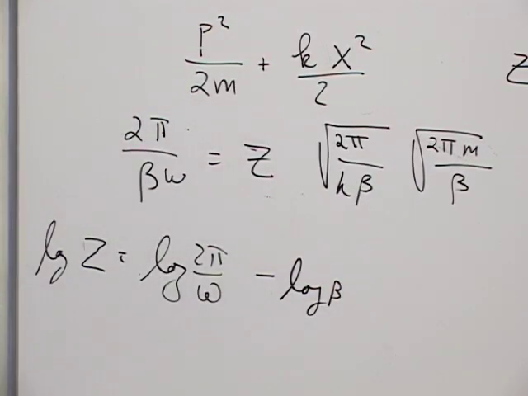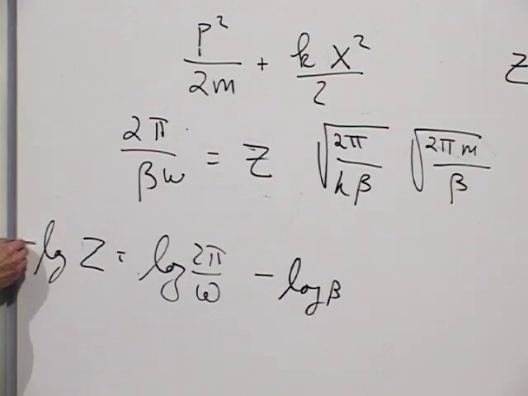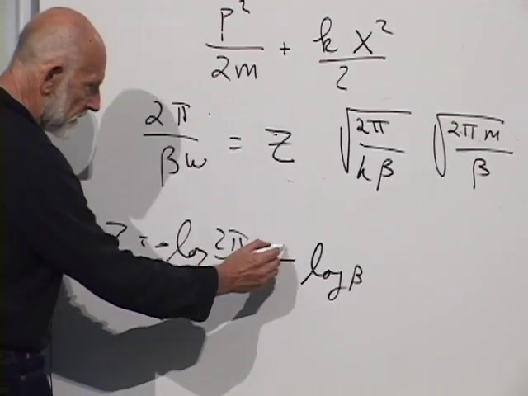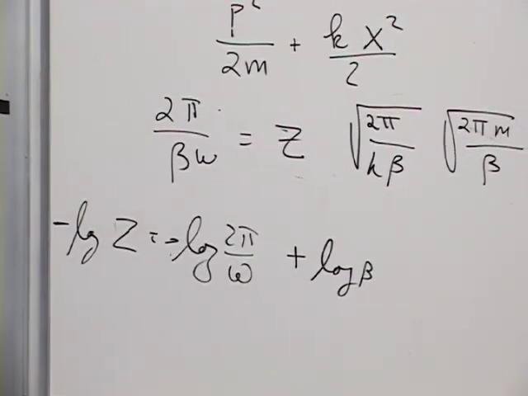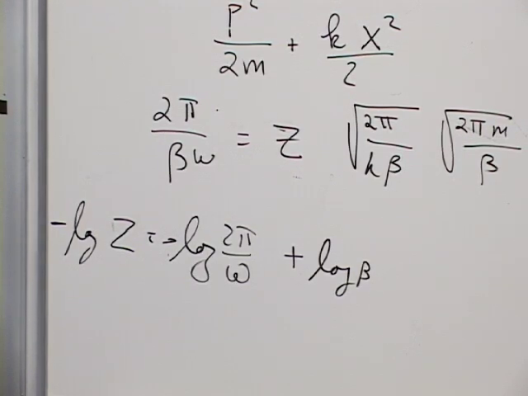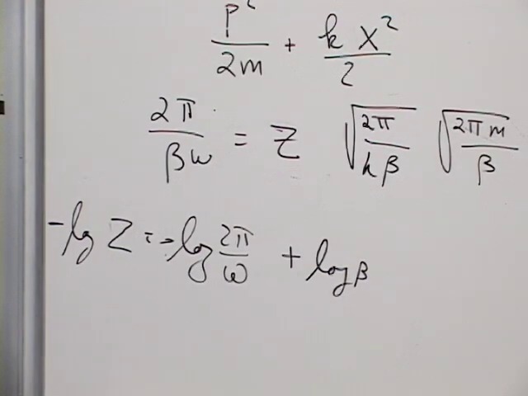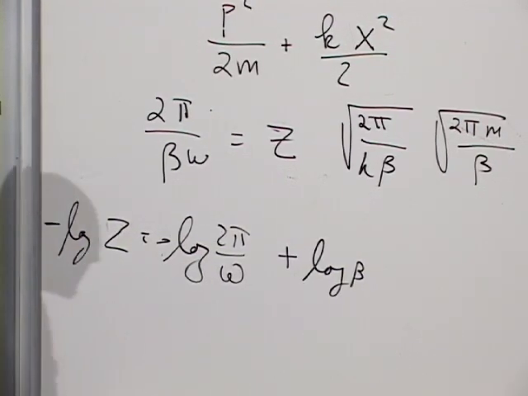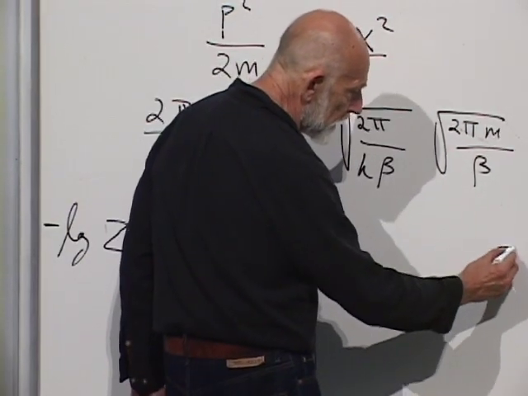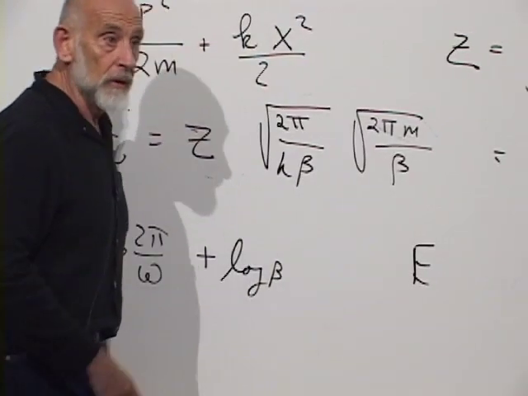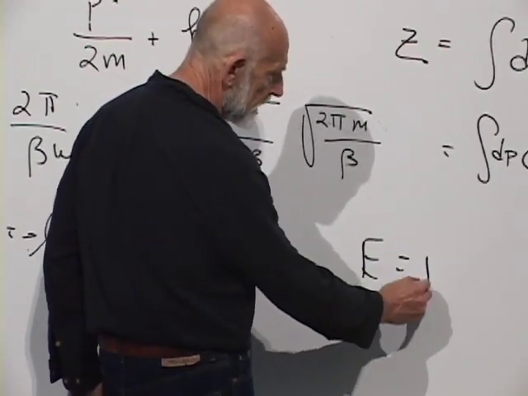What is the energy? Incidentally, minus log of Z is the thing that we differentiate. What is the average energy of the oscillator? It's the derivative of minus log Z with respect to beta. That's just 1 over beta.